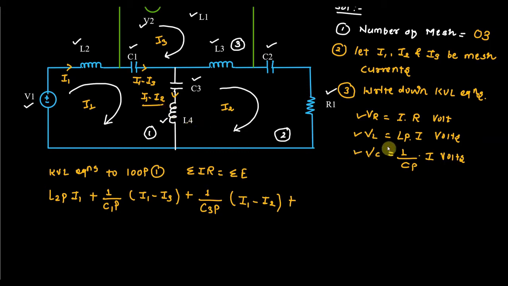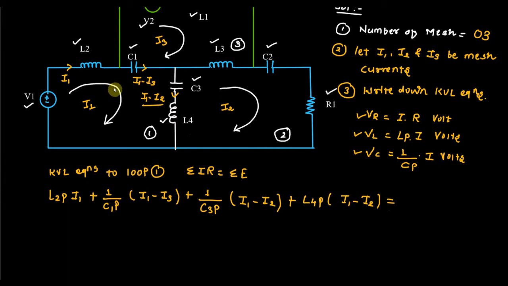And how will we write the voltage across the inductor? It is LP into I. So it will become L4P, and the value of current is I1 minus I2. Okay, so we have written all the summation of IR. Now what is the summation of E? There is one voltage here.